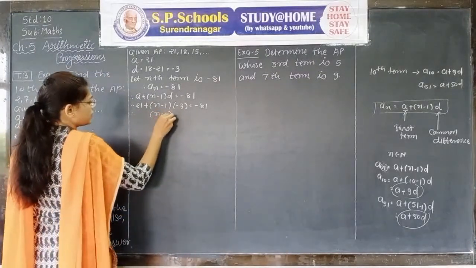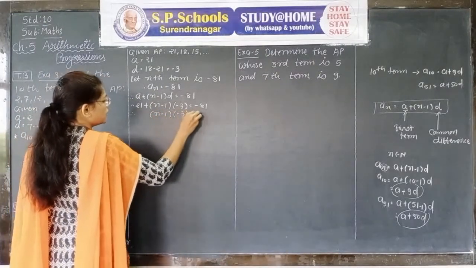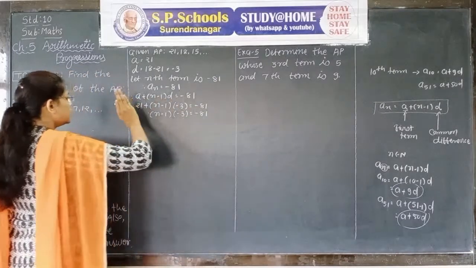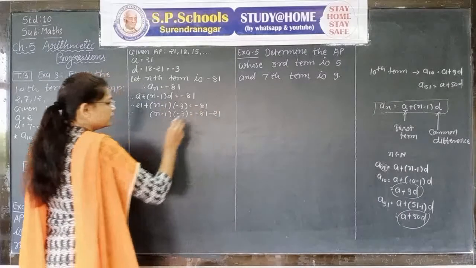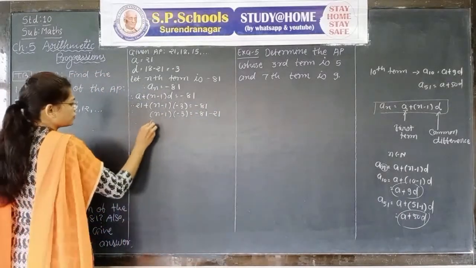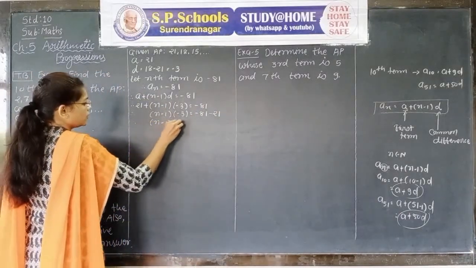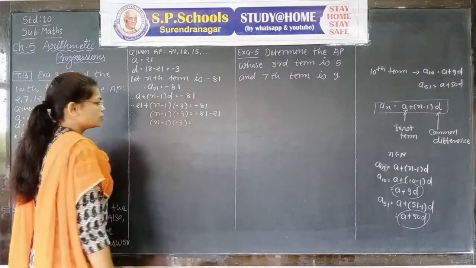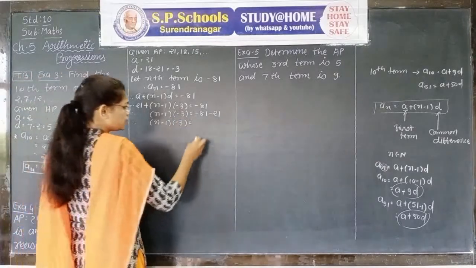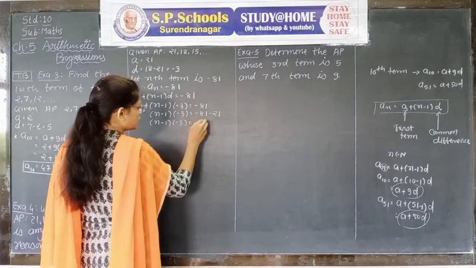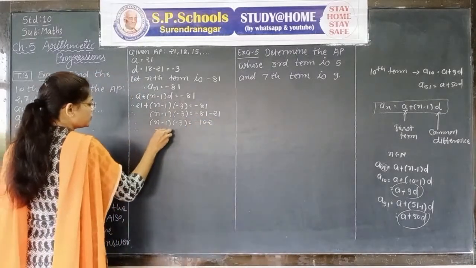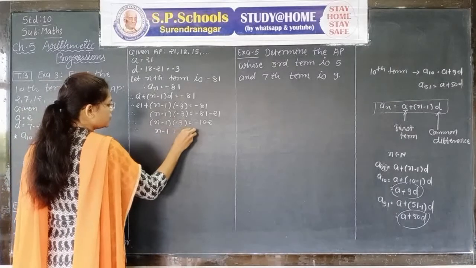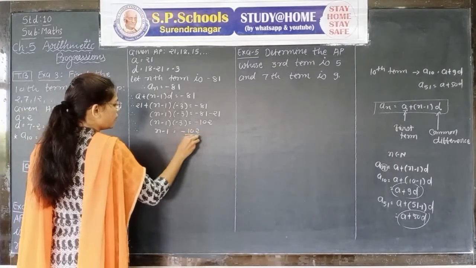Now we make n minus 1 into minus 3 the subject. We get n minus 1 into minus 3 is equals to minus 81. Shifting 21 from the left hand side to the right hand side, it becomes minus 21. That's why n minus 1 into minus 3 is equals to minus 81 minus 21, which is minus 102. Making n minus 1 the subject, we get minus 102 upon minus 3.